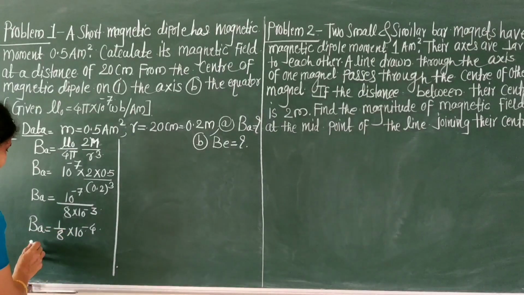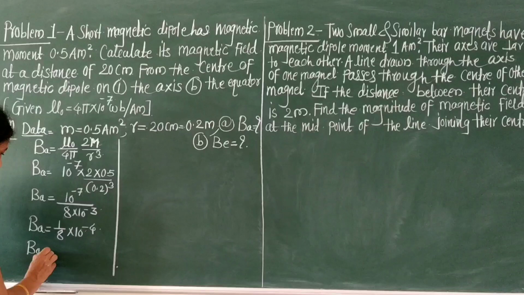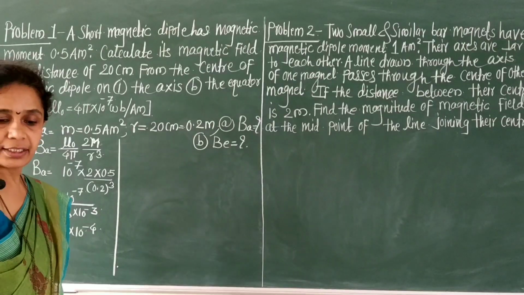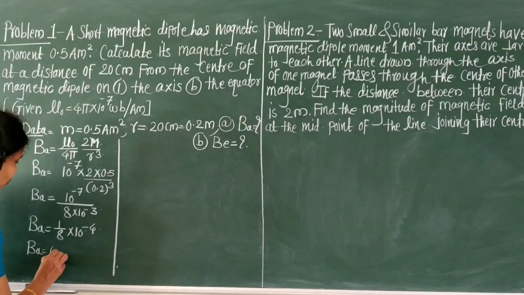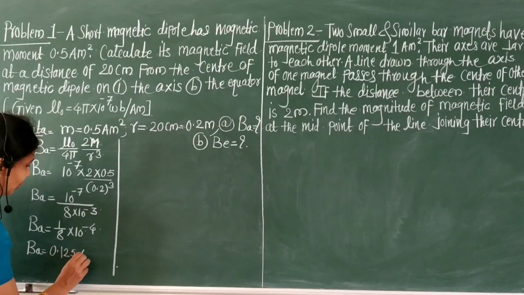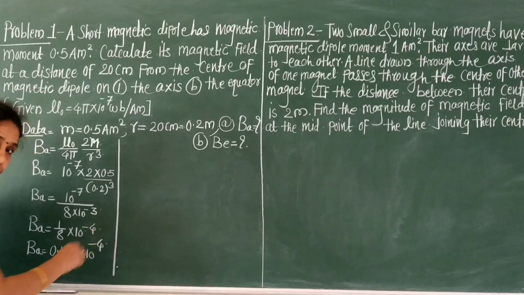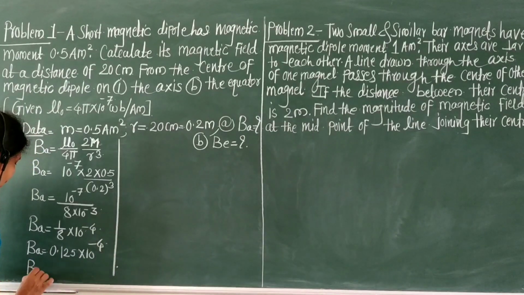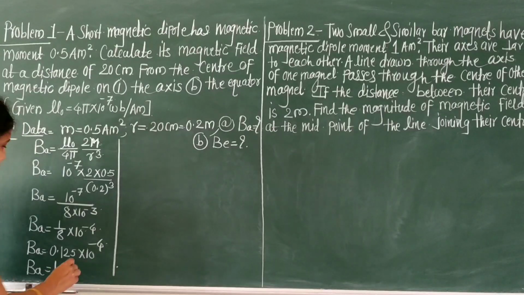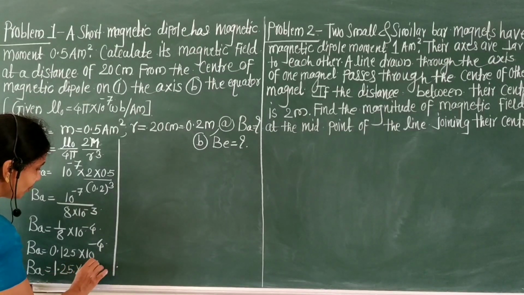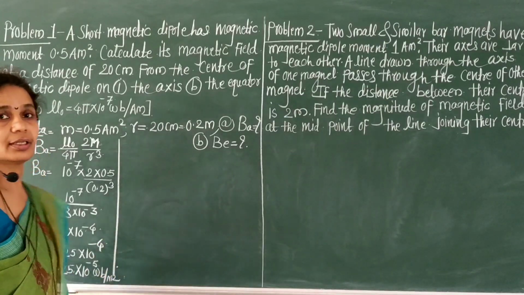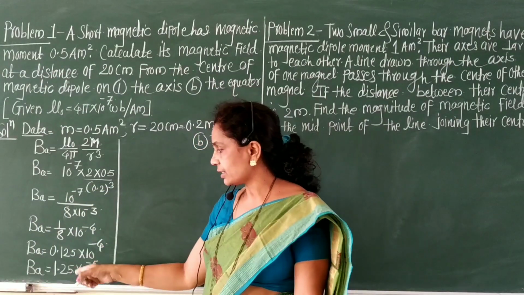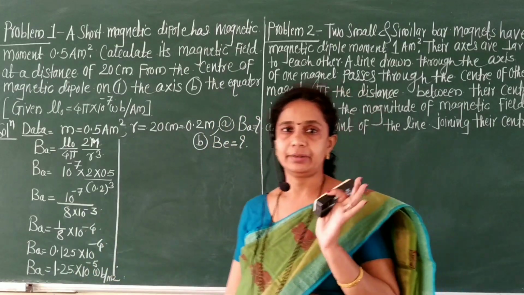What is the value of 1 upon 8? 0.125 into 10 raised to minus 4, or you can write BA is equal to 1.125 into 10 raised to minus 5 Weber per meter square. This is the value of BA.